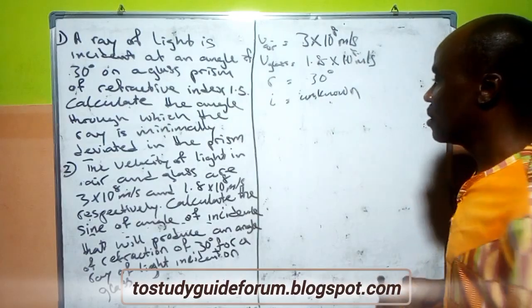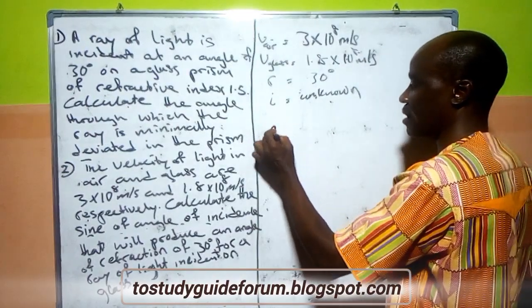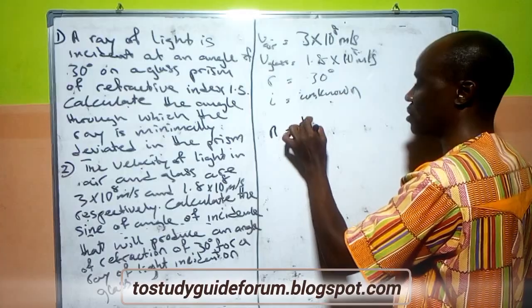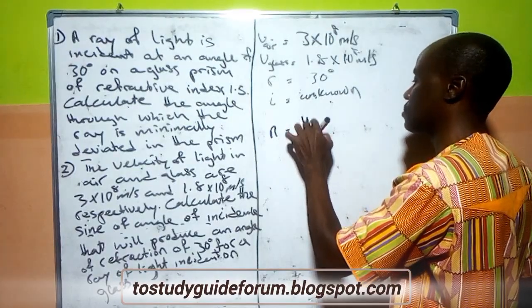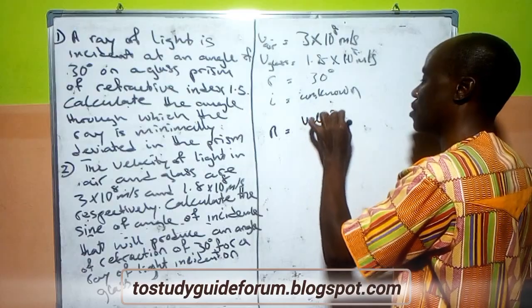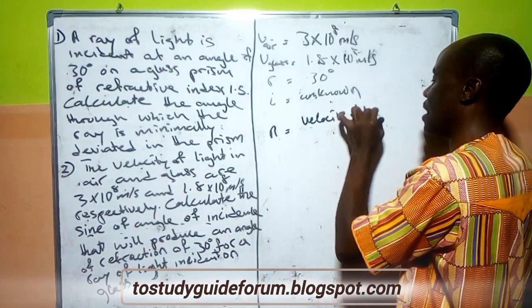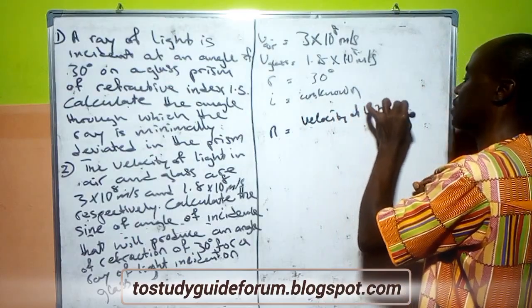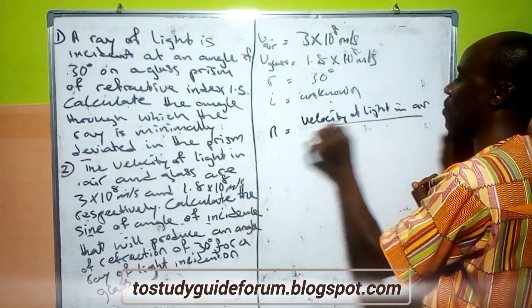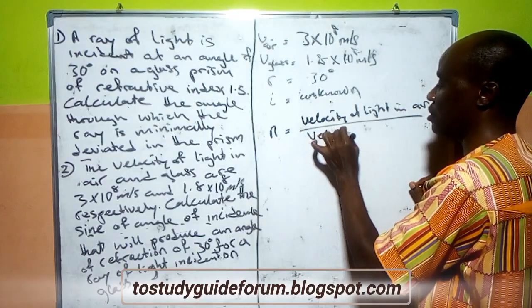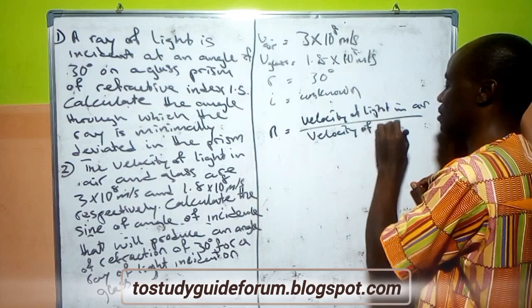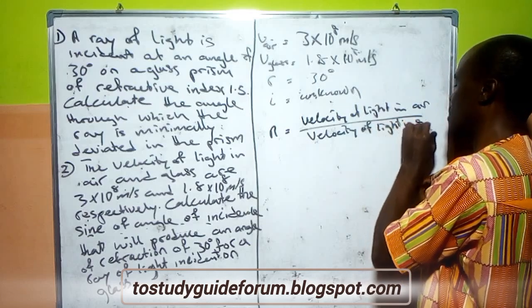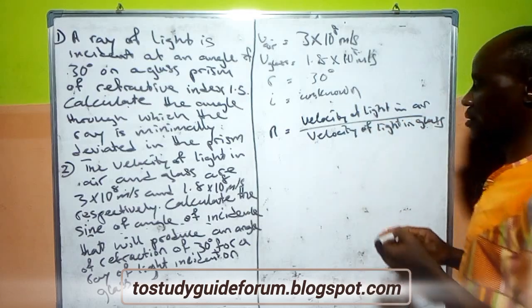refractive index. Now remember that refractive index is equal to velocity of light in air over velocity of light in glass.